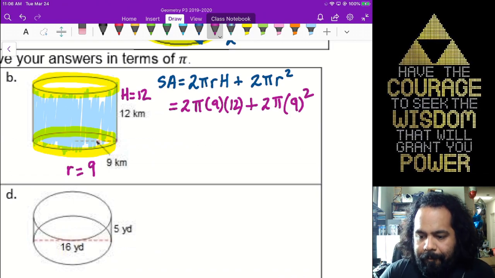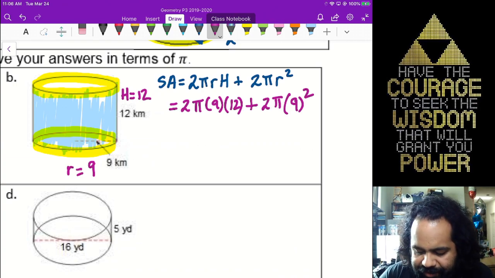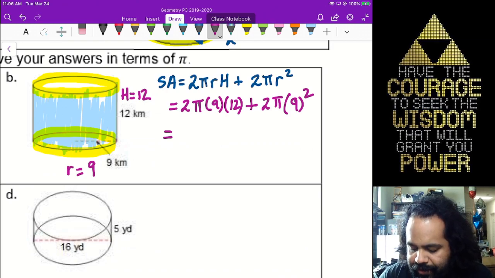378 pi. Okay. Yeah, these ones are a little nicer because they're just straightforward. And then the sphere one's super easy too. So I know 9 times 12 is 108. Times 2, 216.